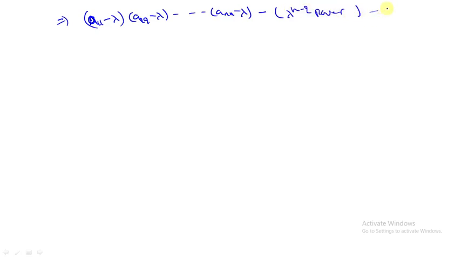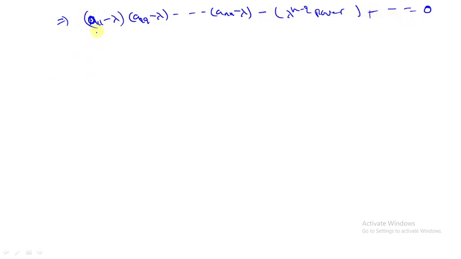Implies we will get lambda power (a11 minus lambda)(a22 minus lambda) and so on (ann minus lambda), minus lambda power n minus 2 power coefficient, and so on, like that, equal to 0. Next lambda power n minus 3, that alternative sign, whatever, we will get that one.